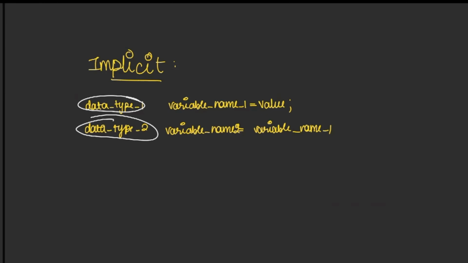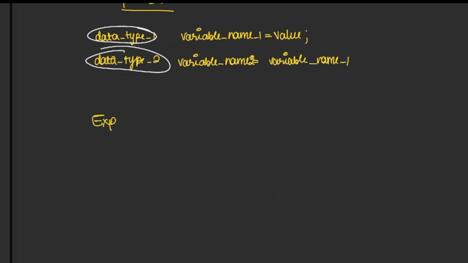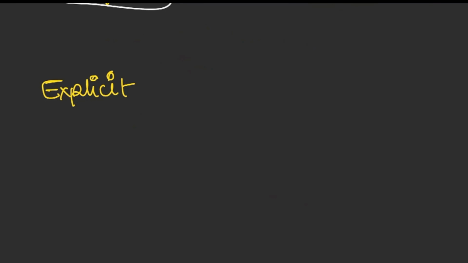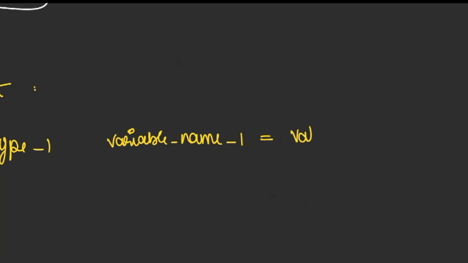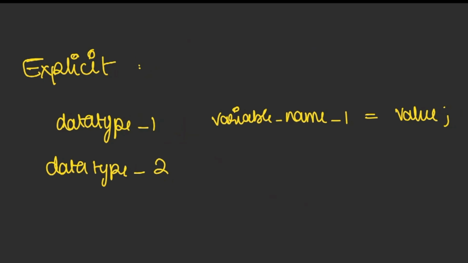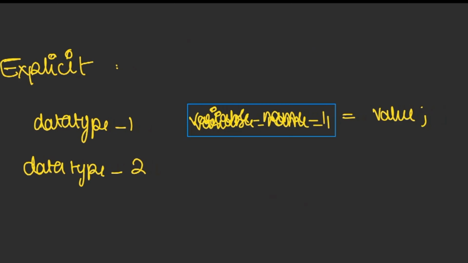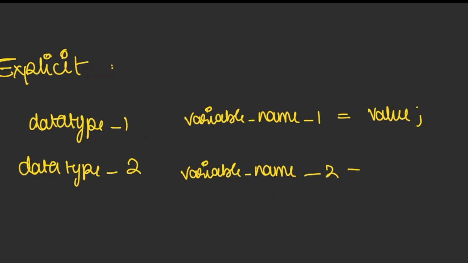Okay, in the case of explicit typecasting, we have data type 1, variable name 1 equals value, and then data type 2, variable name 2 equals.